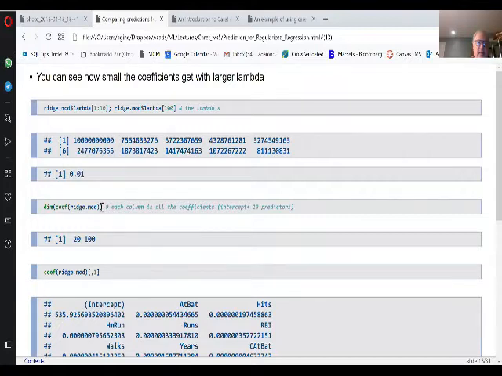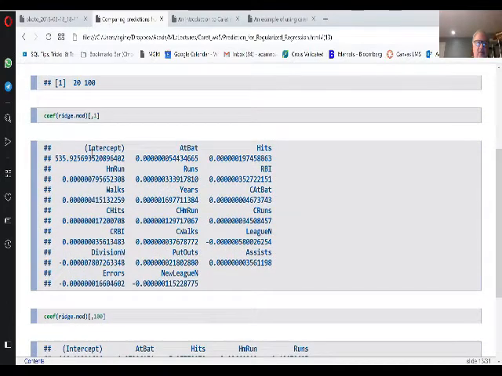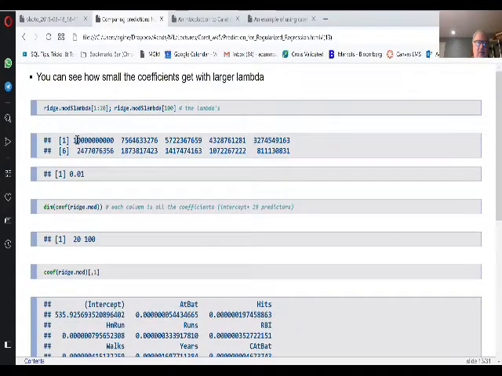So I did that, and it's created coefficients. So for each one of these 100 values of lambda, I have 20 coefficients. And so the first one, remember, corresponds to a lambda that's really, really large. So we're penalizing the coefficients by a really large amount.